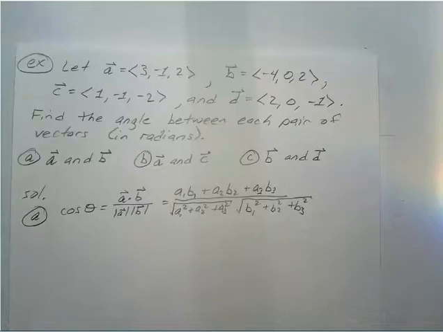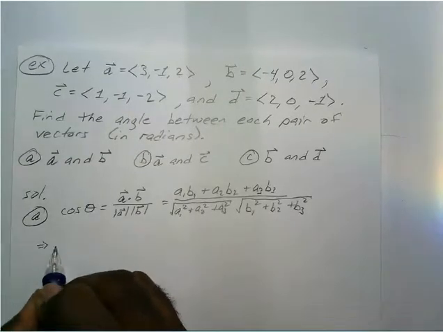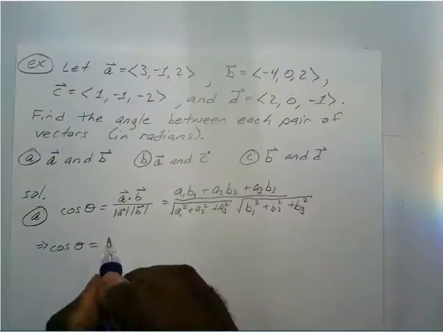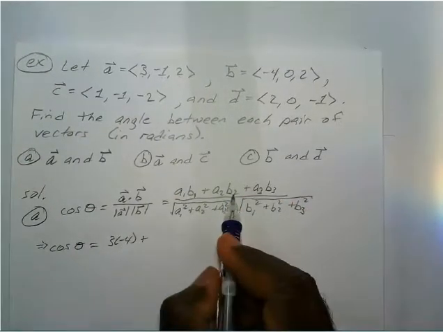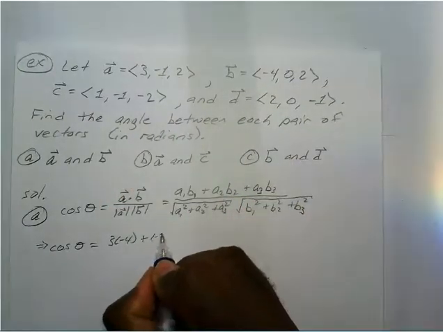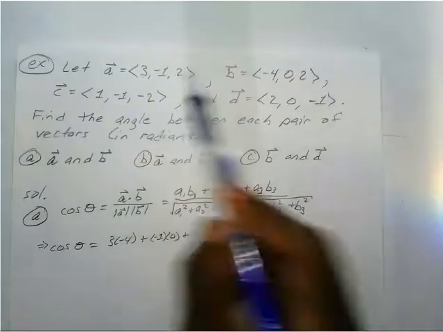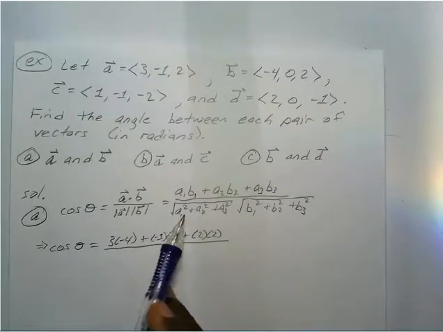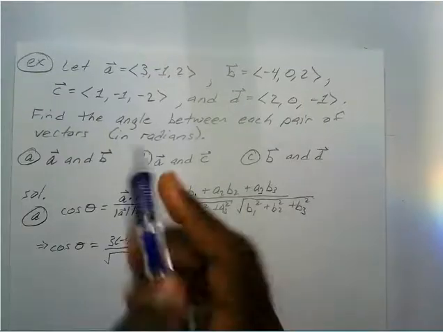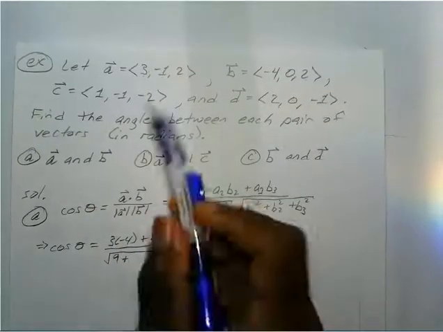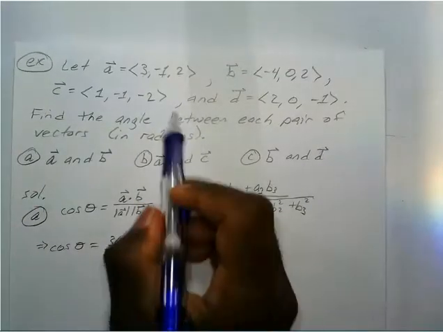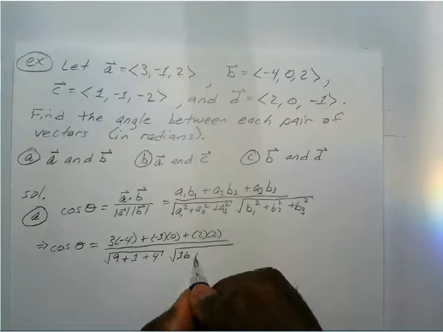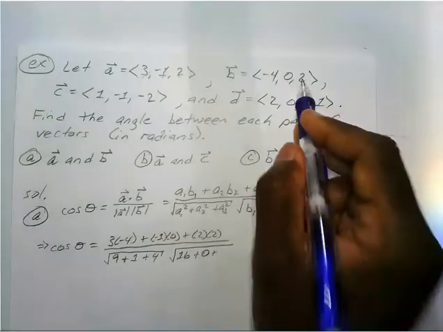All right, so we're going to go ahead and plug those in. Cosine of theta is equal to the first component, so you have 3 times -4, plus multiplying the second component, -1 times 0, plus the third component, which is 2 times 2, all over the magnitude of A. So you have the square root of 3 squared, which is 9, plus -1 squared, which is 1, plus 2 squared, which is 4, times the magnitude of B, which is -4 squared, which is 16, 0 squared, which is 0, plus 2 squared, which is 4.